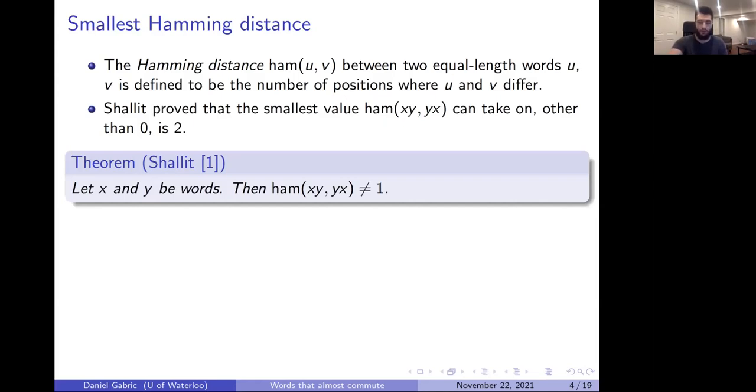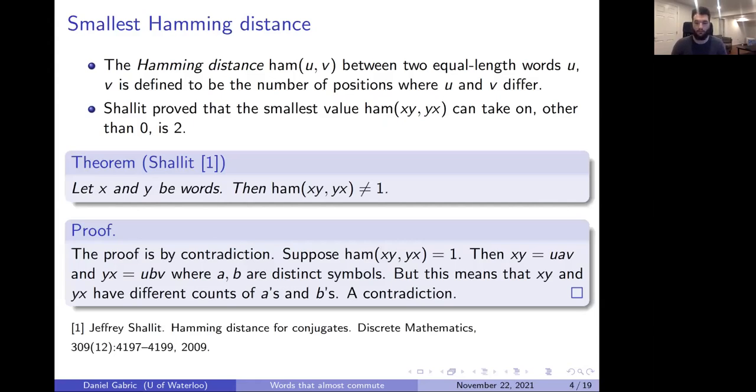The proof is actually quite simple. Suppose by contradiction that the Hamming distance is in fact 1. Then xy and yx differ in exactly 1 position, so we can write xy equals uav and yx equals ubv, where a and b are distinct symbols. But then xy and yx would have different numbers of a's and b's, which is impossible.